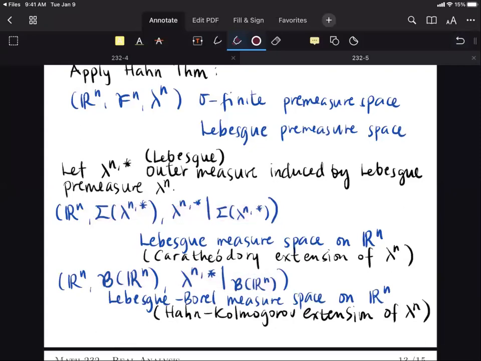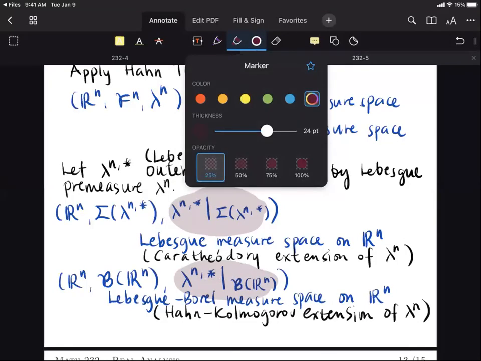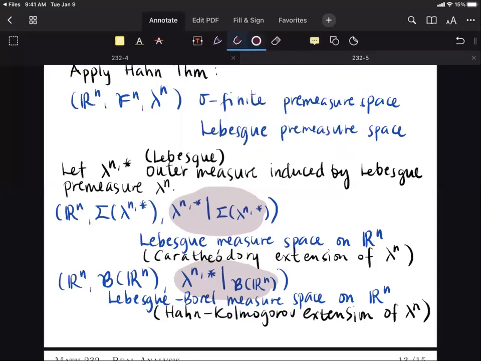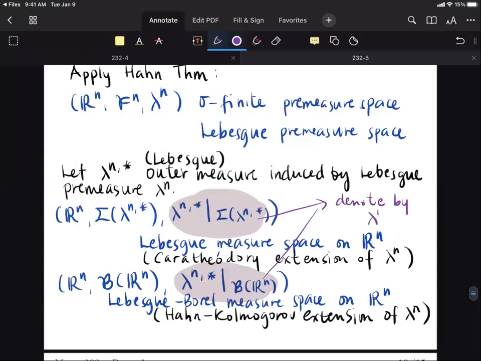In the succeeding notations, because these measures, the Lebesgue measure and the Lebesgue-Borel measure, only differ on the domain, if it will be clear in the context, we will simply denote these two, the Lebesgue measure and the Lebesgue-Borel measure, with abusive notation, again adapting the notation for our Lebesgue pre-measure, lambda n.